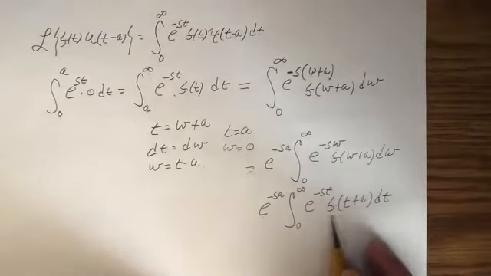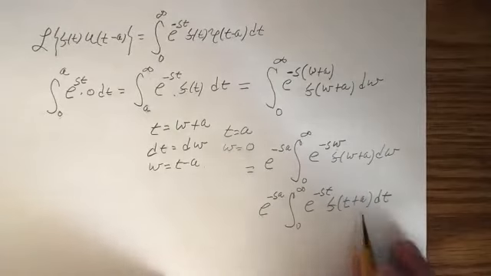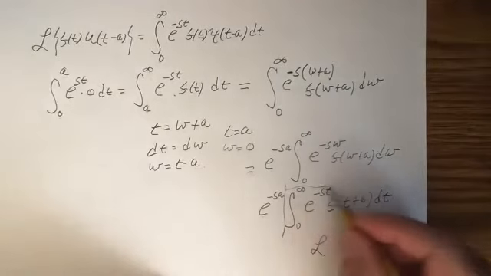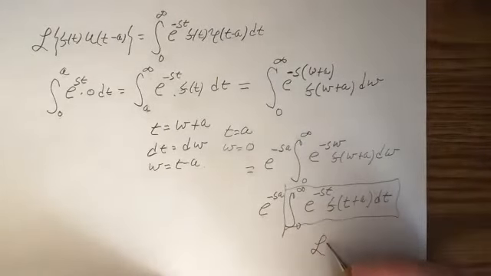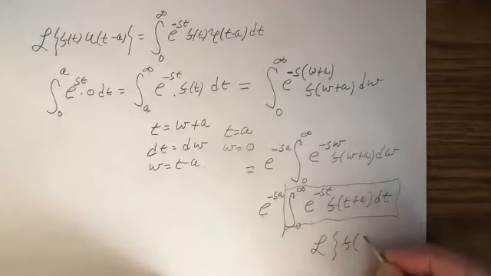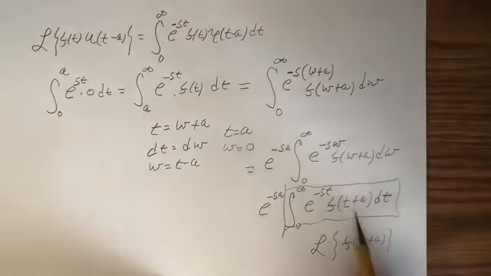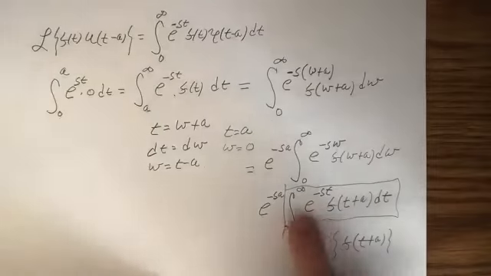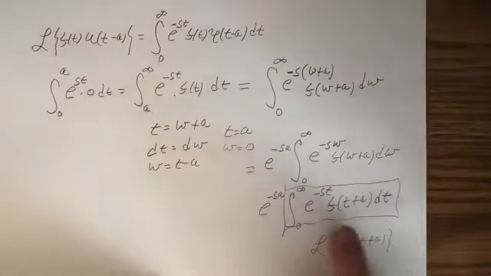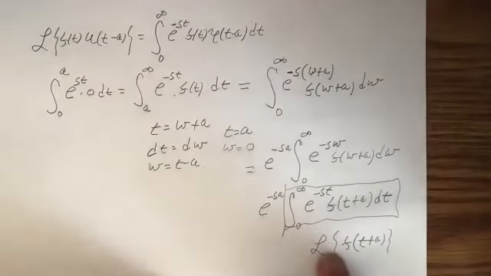So now we can recognize what this is, right? This thing here is the Laplace transform of f of t plus a. We go back to the basic definition of the Laplace transform. So this is the Laplace transform of the function f of t plus a.